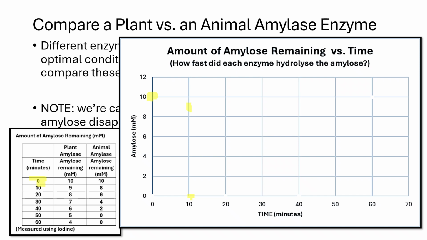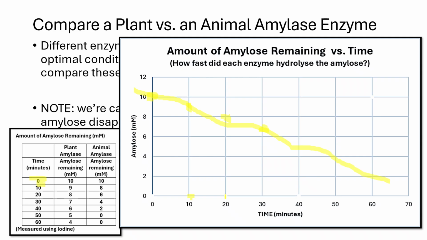At 20 minutes, it is 8, right? Something like this, right? And then at 30 minutes, it's at 7, so it would be there somewhere. So we've plotted the points. We can now connect the points with a line, right? So that's basically what the plant amylase looks like.